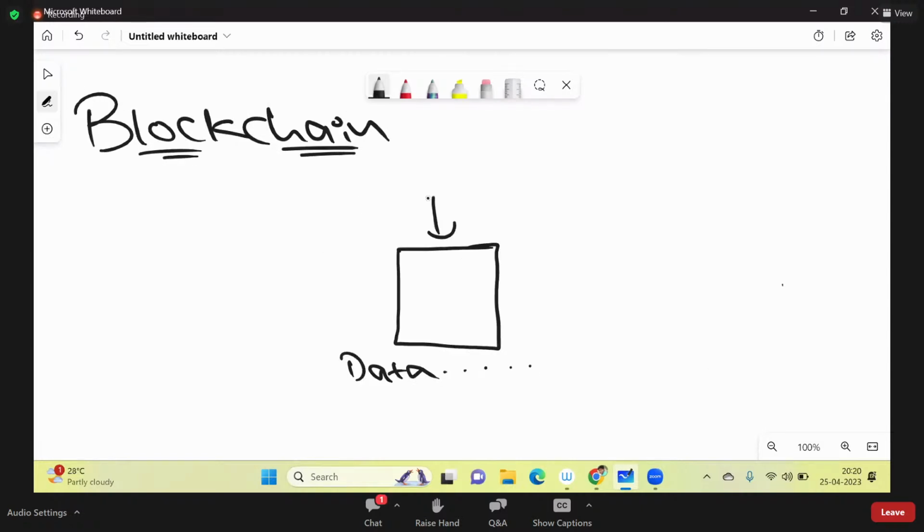The second component which is present within the block is what we call the hash. Okay, what is a hash? To talk about hash, let me make the concept very simple. If I ask you a question, how do you identify as a unique person when compared to others?